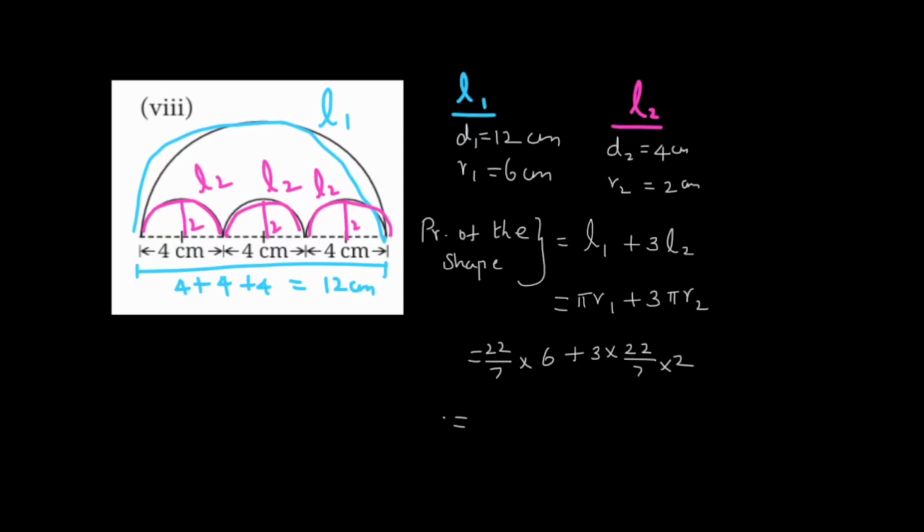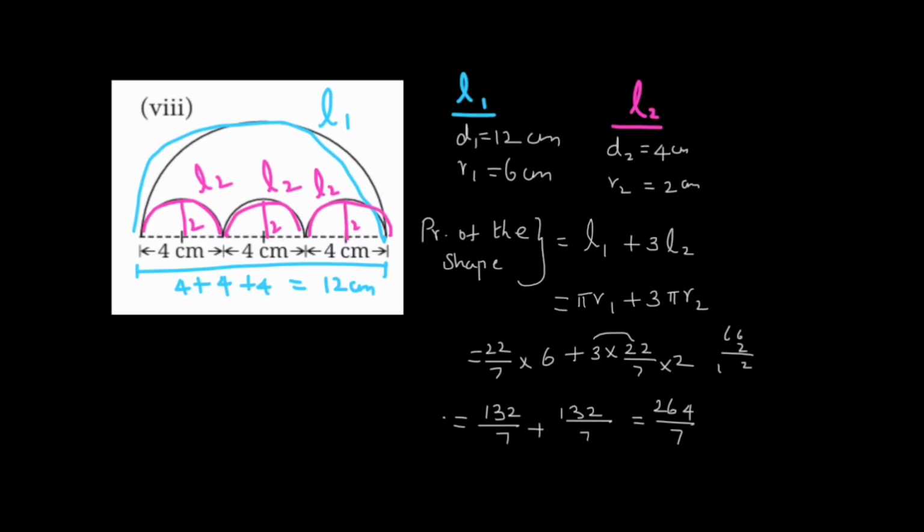So 22 into 6, 132 by 7, plus 66 into 2, 132 by 7. So when we are adding this, we will be getting 264 by 7.